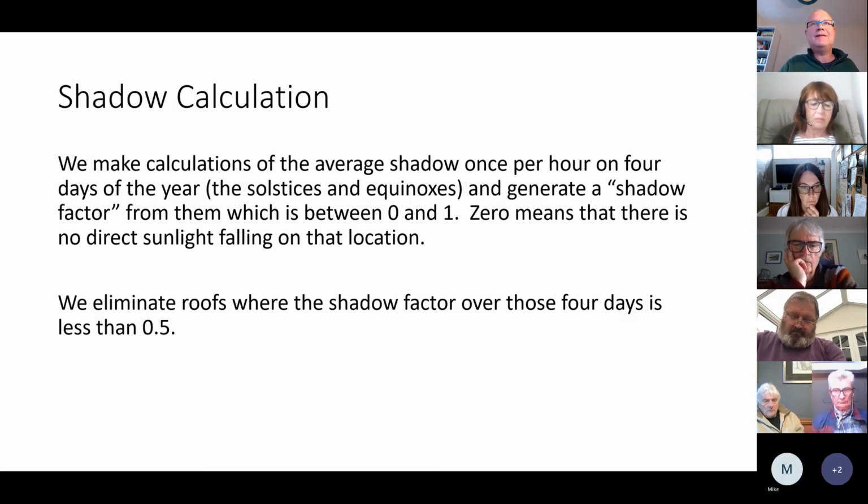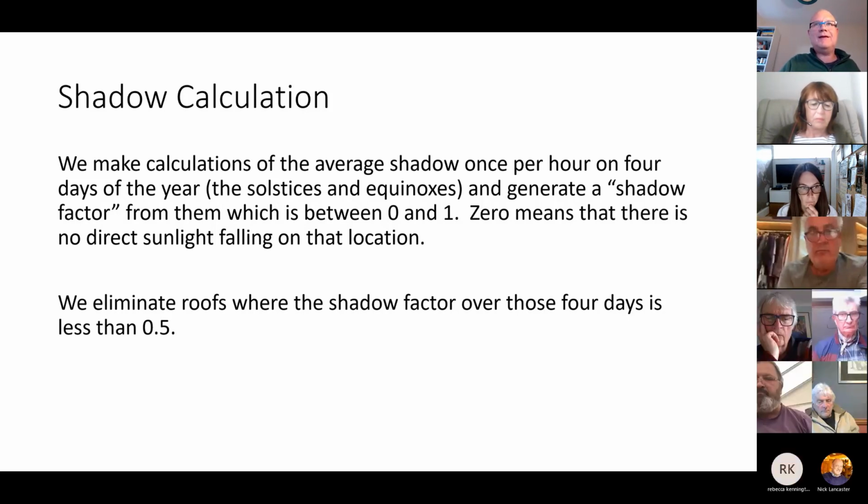So we take 4 dates spread out over the year, and we calculate what the shadows would look like on those 4 dates. And then we calculate a shadow factor, which is between 0 and 1 based on those shadows.